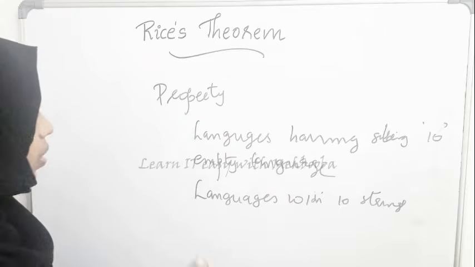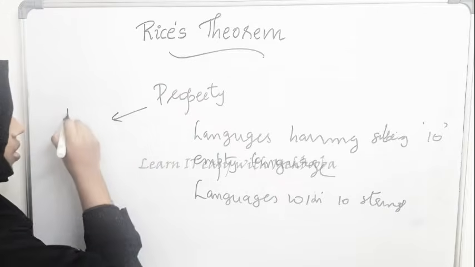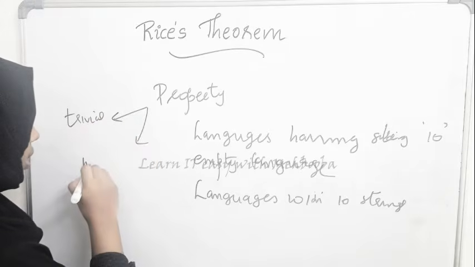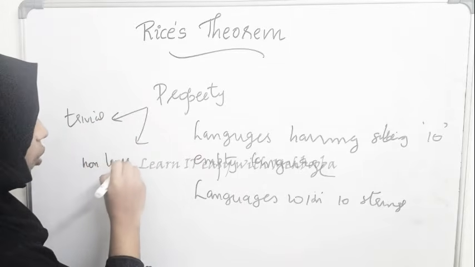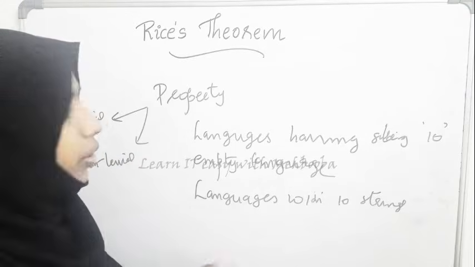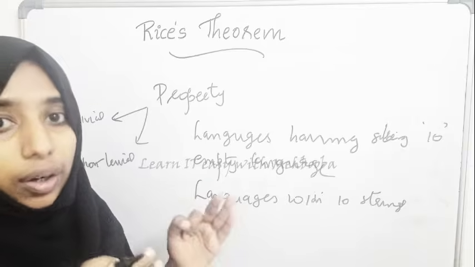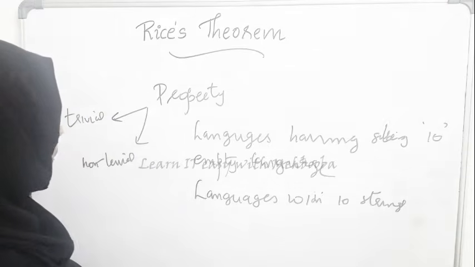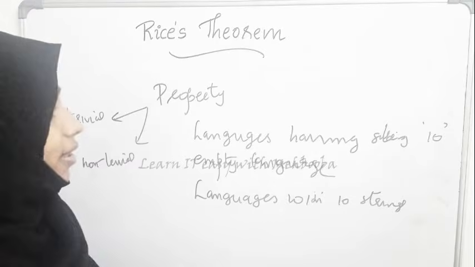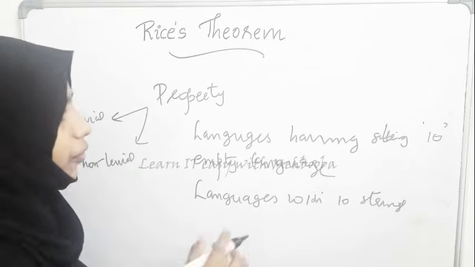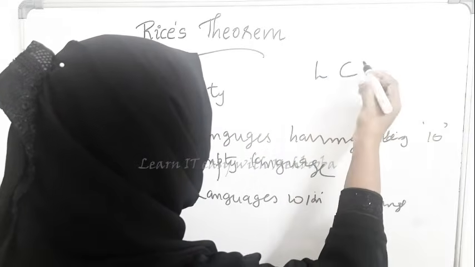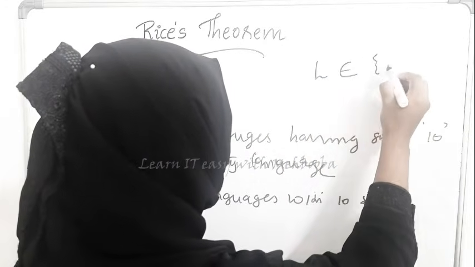Okay. Now there are trivial properties and non-trivial properties. See, a trivial property is a property which every Turing machine in the universe holds or doesn't hold altogether. That is, a property is trivial if it is held by all the Turing machines. For example, for all the Turing machines, the language is an element of sigma star, isn't it?